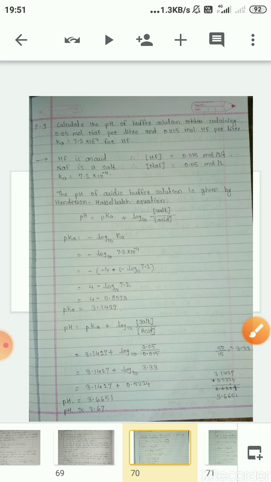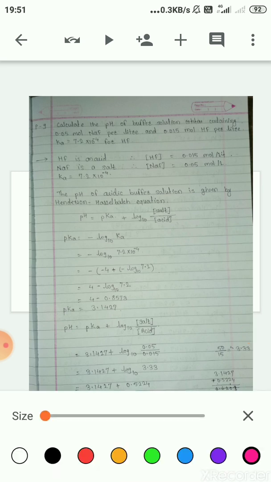So first let's see what numerical we have been given. Calculate the pH of a buffer solution. Here it is not mentioned whether it is acidic or basic, containing 0.05 mole of NaF, sodium fluoride, per liter.